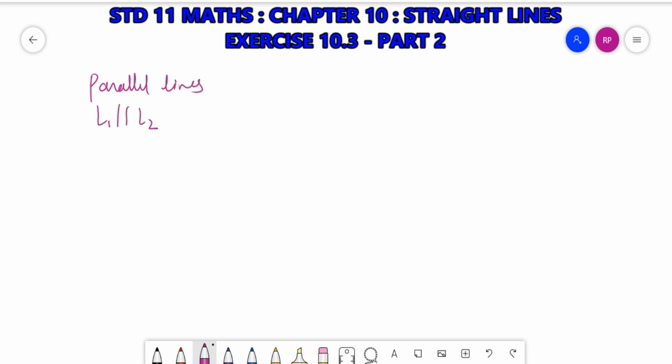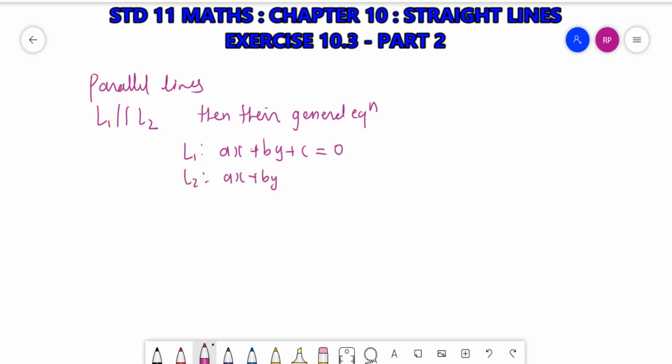If L1 is parallel to L2, then their general equations will be L1: ax + by + c = 0 and L2: ax + by + k = 0. That means when two lines are parallel, the coefficient of x and coefficient of y will be the same in both.